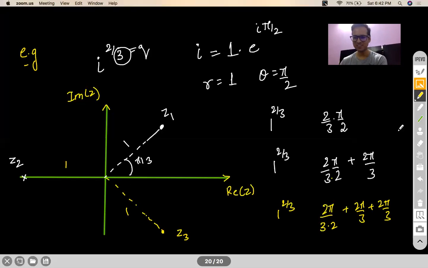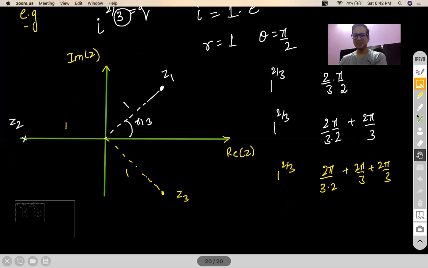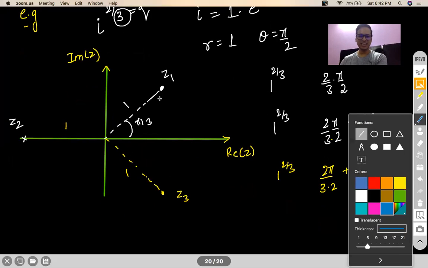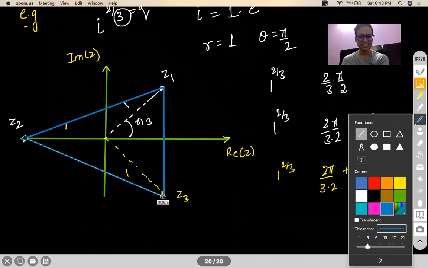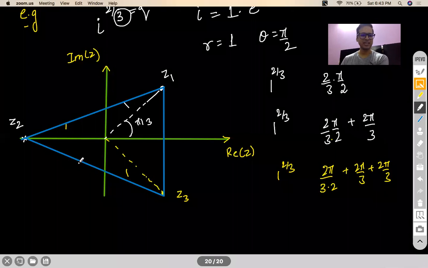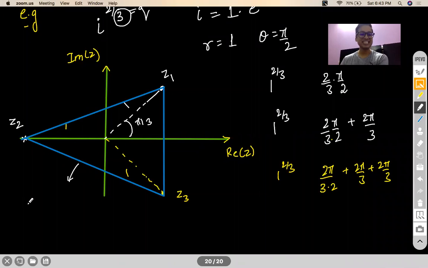Yes or no? Okay. And if you connect these three roots, you will actually end up getting an equilateral triangle. Doesn't look like it in my diagram, but yes, it is an equilateral triangle. So this will be giving you an equilateral triangle, a three-sided regular polygon. What is a three-sided regular polygon? Obviously an equilateral triangle. Correct? Are you getting my point?